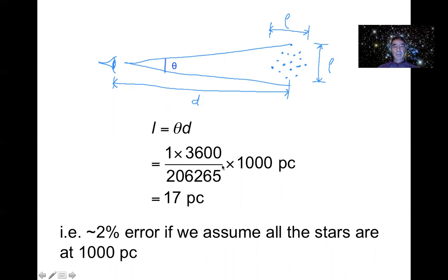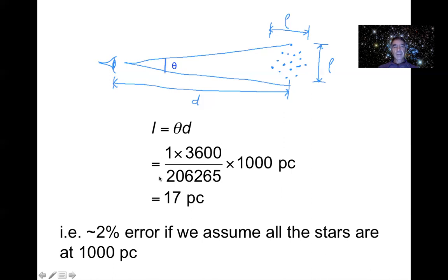Okay. So we just need to work out theta in radians. I did this by first converting it to arc seconds. So 1 degree times 60 gives you 3,600 arc seconds, and then divide by this magic number, which is the number of arc seconds in a radian that we worked out in workshop 1. 206,265 is a number that's always imprinted on most astronomers' brains.